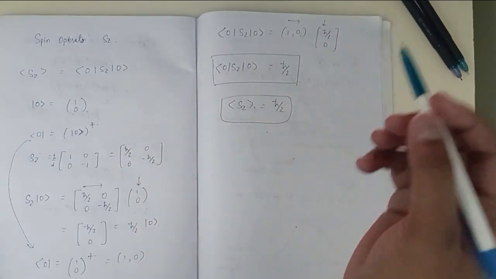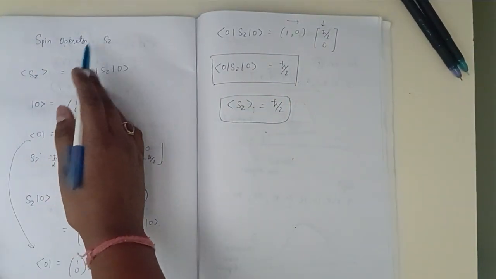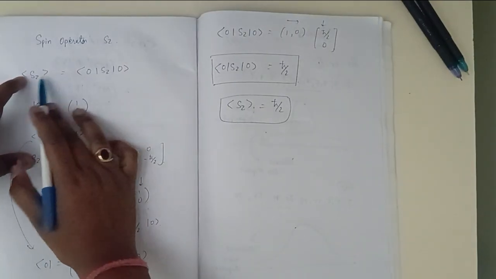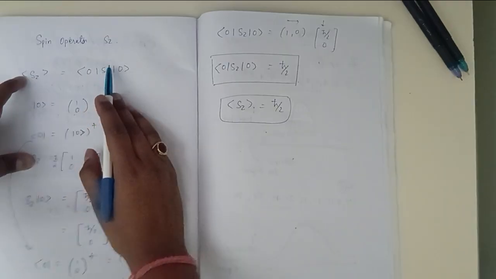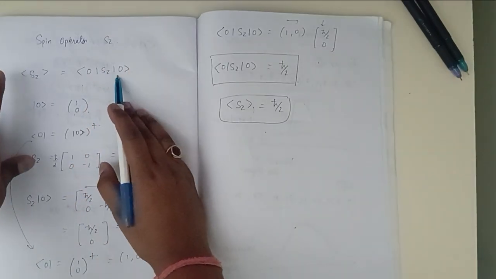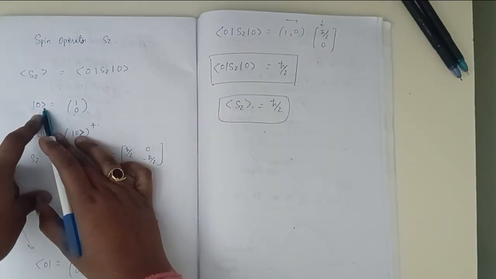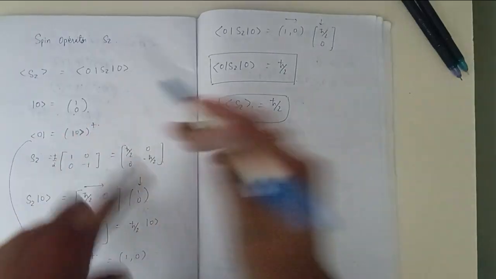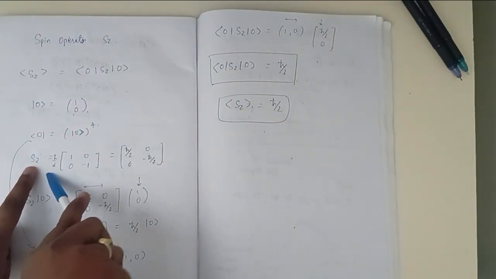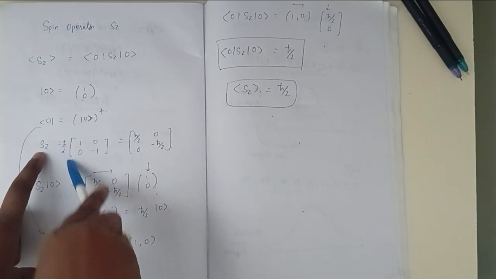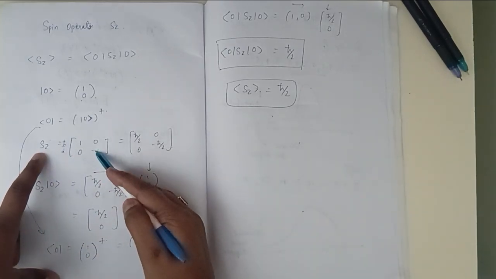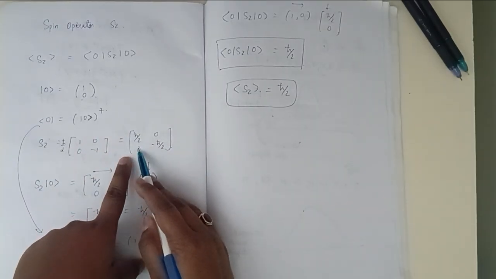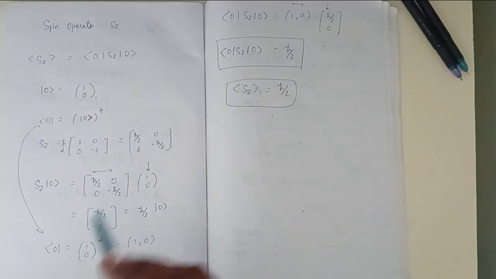Now we are going to find the expectation value for the spin operator Sz. First we will write how the notation is done: bra 0, Sz operator, ket 0. We know bra 0 is ket 0's dagger, right? First we write what Sz is: h cross by 2 times the matrix 1 0, 0 minus 1. If we multiply h cross by 2 with the matrix, we get h cross by 2, 0, 0, minus h cross by 2.